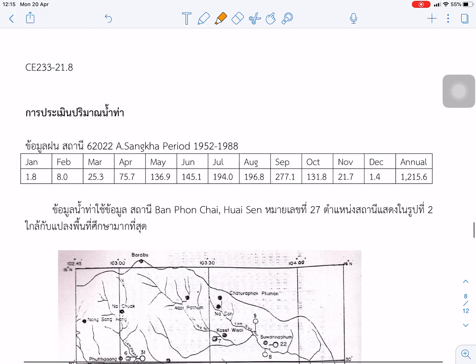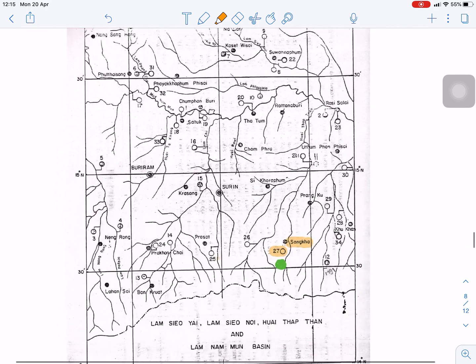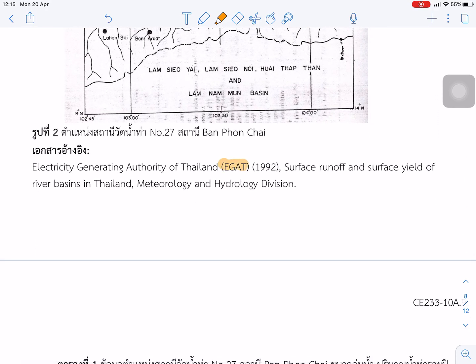For the Sangka station, the annual rainfall average is 1,200 millimeter. But for the stream flow at the station number 7, we can look at the table from the EGAT report.